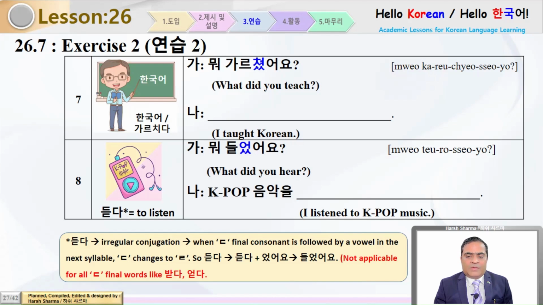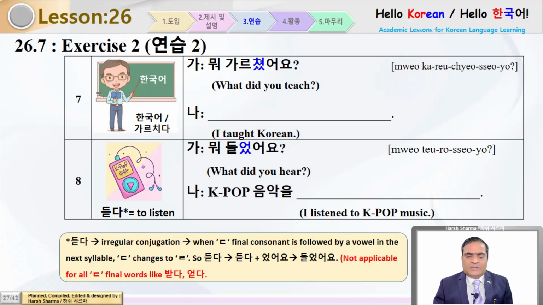But it is not a 100% followed rule. There are some exceptions like 받다, 얻다. In these two words, this will not change, but in the 듣다 word, ㄷ will be changed to ㄹ. So how do you write the answer, 여러분? You just have to copy 들었어요 from the question. K-pop 음악을 들었어요. Clear, 여러분? This is an exceptional rule.